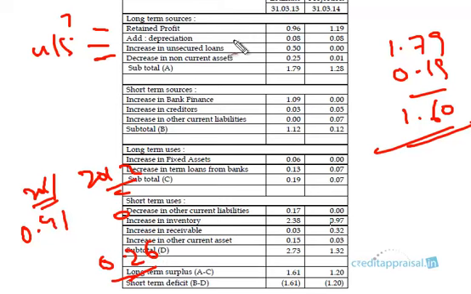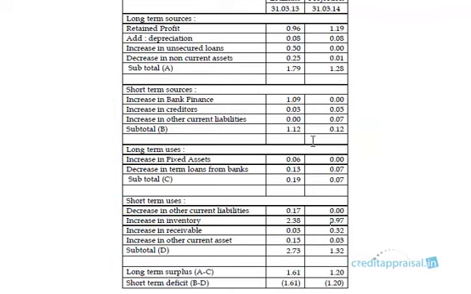Right. So these three sources put together, the company is saying we'll get a long-term surplus of 1.6 after meeting the long-term uses. This will go towards increasing the NWC, because short-term sources are only 1.12, whereas the short-term uses are more than 2.73. So that gap of 1.6 will be bridged by the long-term surplus. That's what the company basically is saying. Whether you're convinced or not, it comes down to these three items.